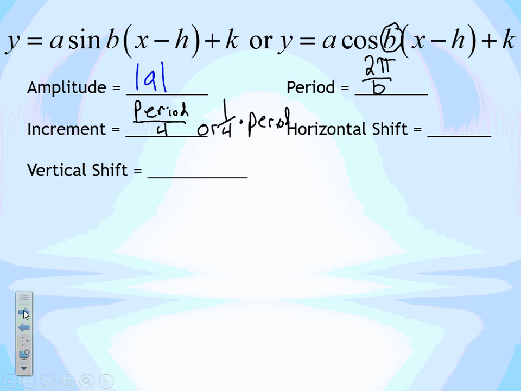Horizontal shift is our H. And our vertical shift is our K.